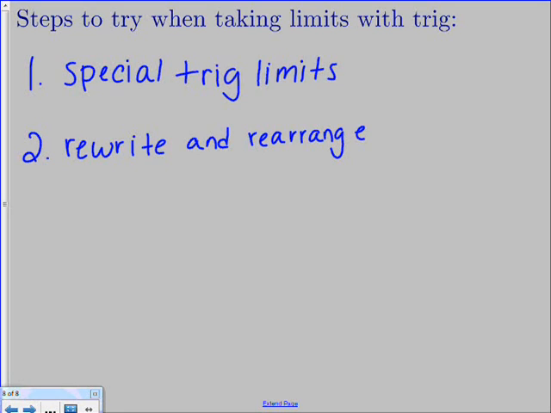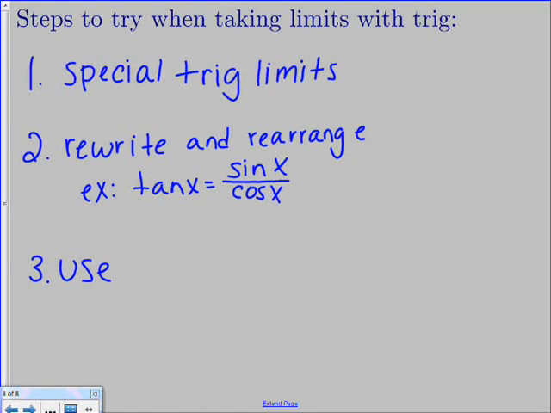An example here would be to rewrite tangent of x as the sine of x over the cosine of x, and then to simplify and try and rewrite things from there. And the third and final trick I'm going to suggest is using trig identities.